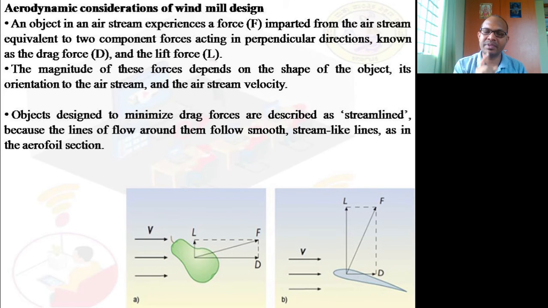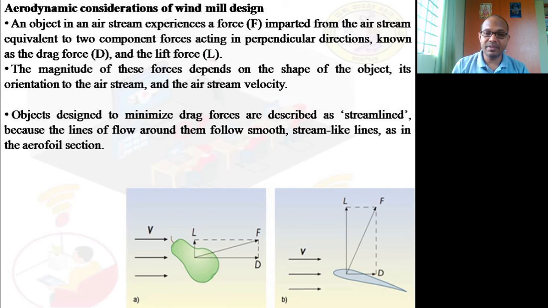One force acts perpendicular to the direction of the velocity, which is the lift force, and one acts along the direction of the velocity, which we call the drag force.